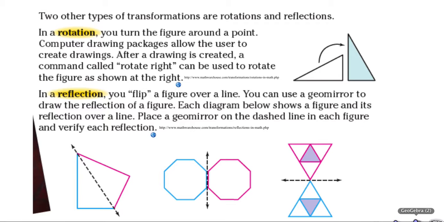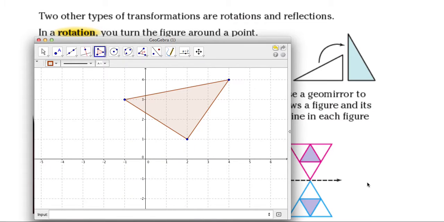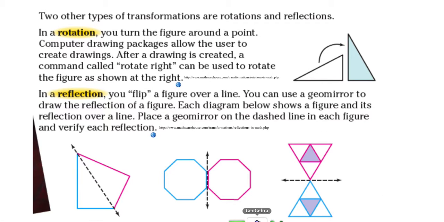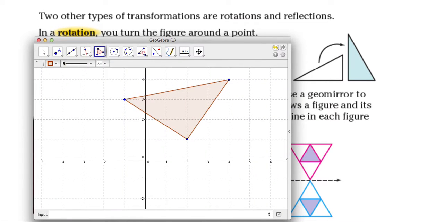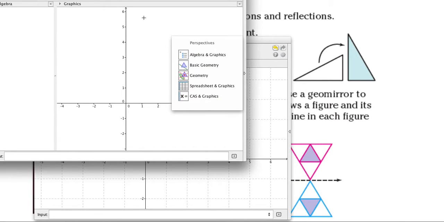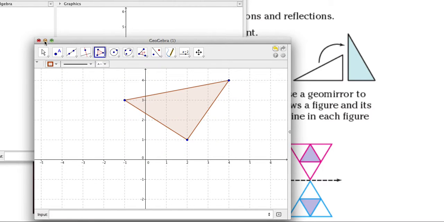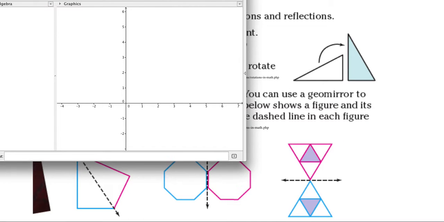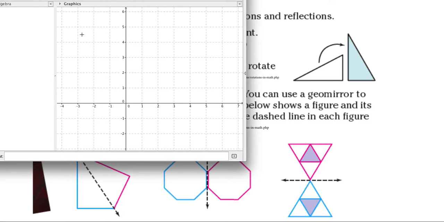So let's take a look at an example of rotation. Let's open up my GeoGebra and see how a rotation would look. Let's do a new window, minimize this, and turn on the grid.